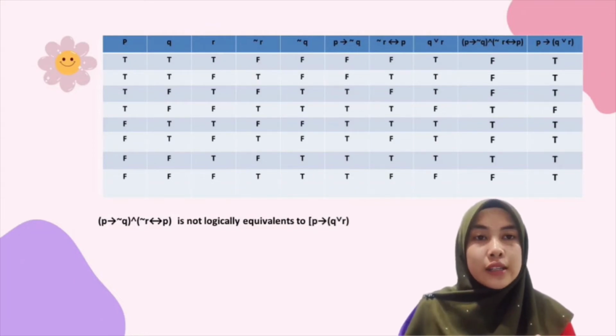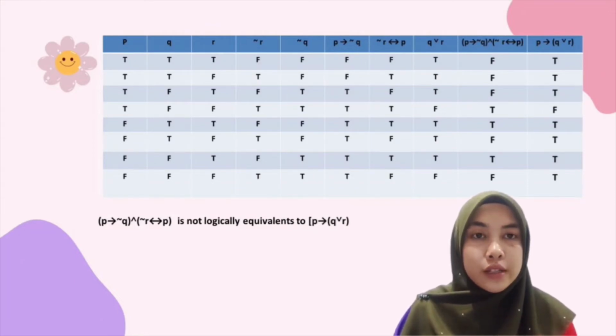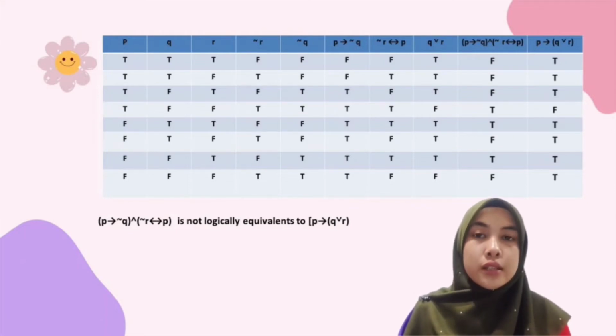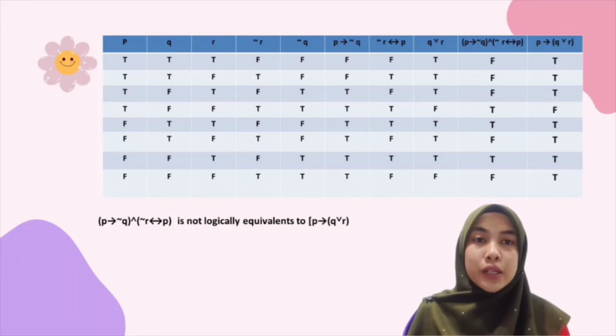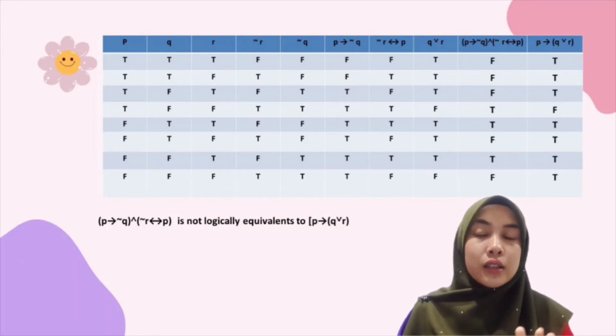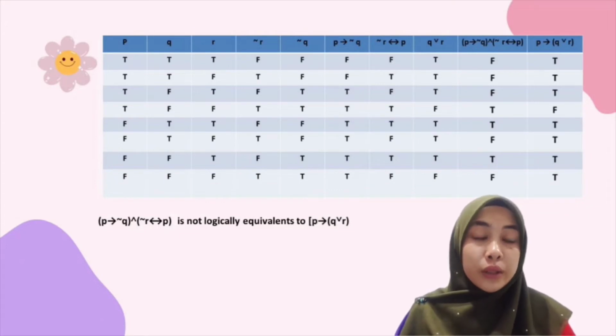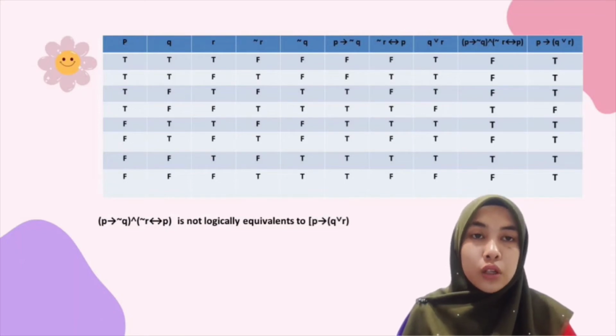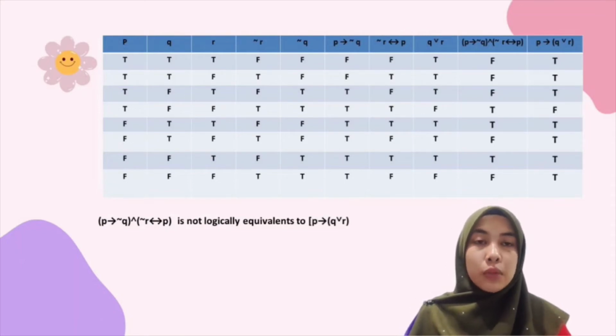Okay, now let's see the next column, which is negation R biconditional P. Let's first identify the variables: the first is negation R and the second is P, right? So we need to know the rule of biconditional. Let's say the question is true biconditional true or false biconditional false, then the final result will be true.